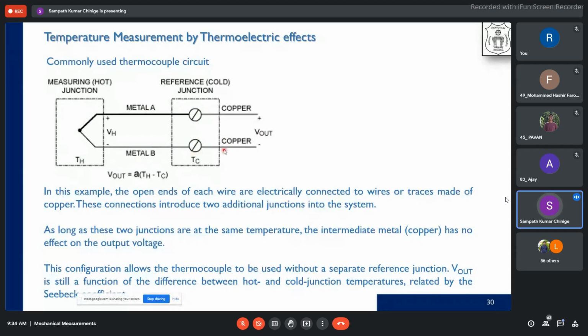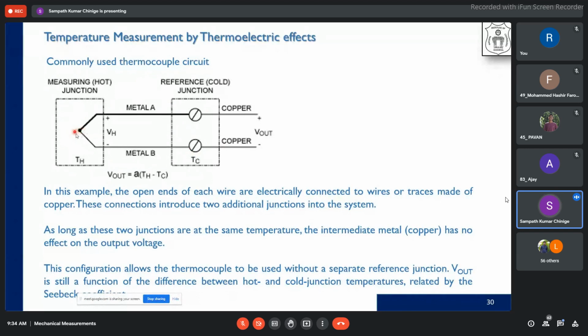We have one junction where we twist the wires together, or do something like welding. We have studied this in basic mechanical engineering: soldering is the process. By soldering or by micro welding, we make a junction over here.